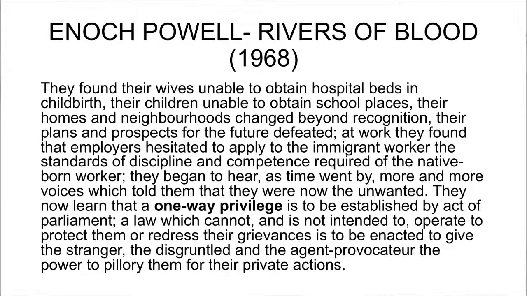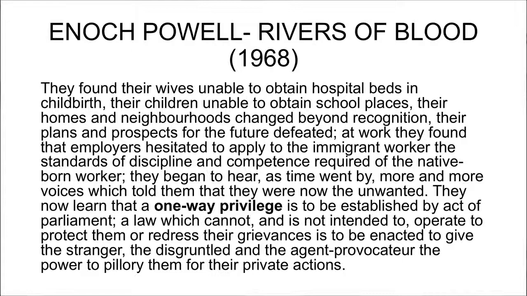So Enoch Powell's very famous Rivers of Blood speech in 1968 could be seen as a really key moment in the history of immigration. And I thought I'd read out a little bit that to me seemed like an argument still used today. "They found their wives unable to obtain hospital beds at childbirth, their children unable to obtain school places, their homes and neighbourhoods changed beyond recognition, their plans and prospects for the future defeated.